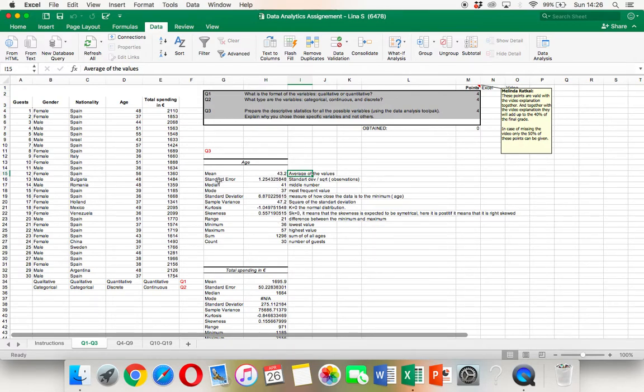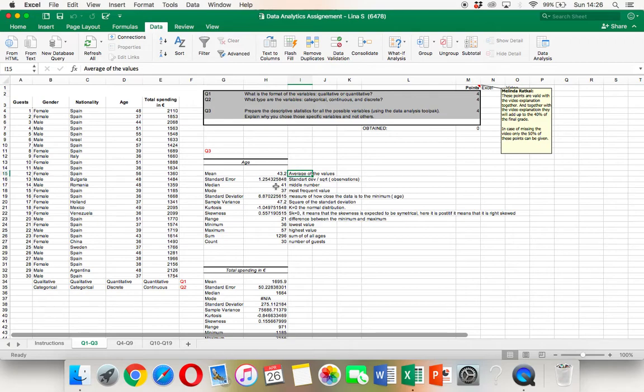Then we have the standard error, which is given by a simple calculation using the standard deviation: the standard deviation divided by the square root of the number of observations. Then we have the median, which is the middle number.